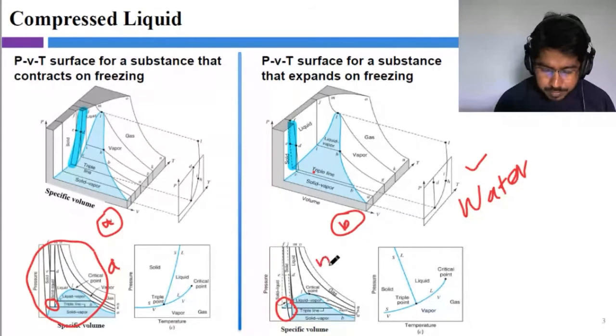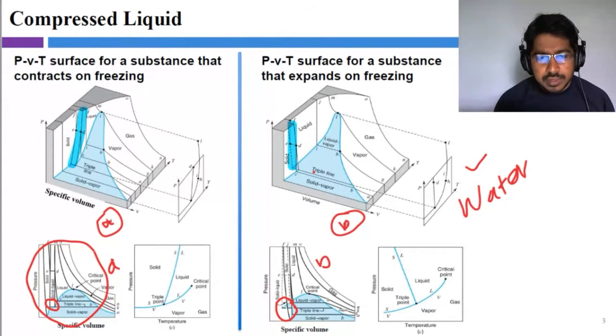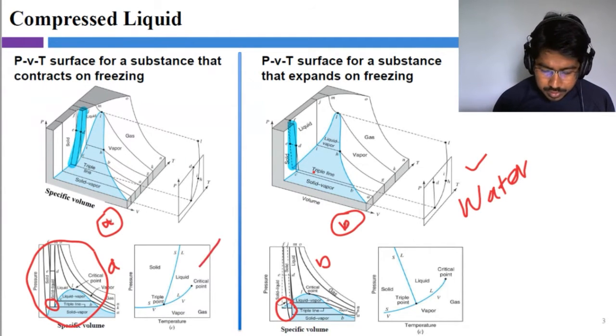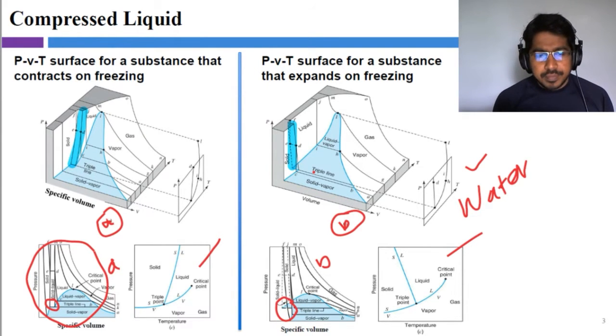If you see PV diagram B, then you know it's for a substance that expands on freezing. But looking at the PT diagram, and this is very important, we cannot see a difference. Both PT diagrams are more or less the same, because for the phase change from liquid to solid, we cannot see a pressure-temperature change.